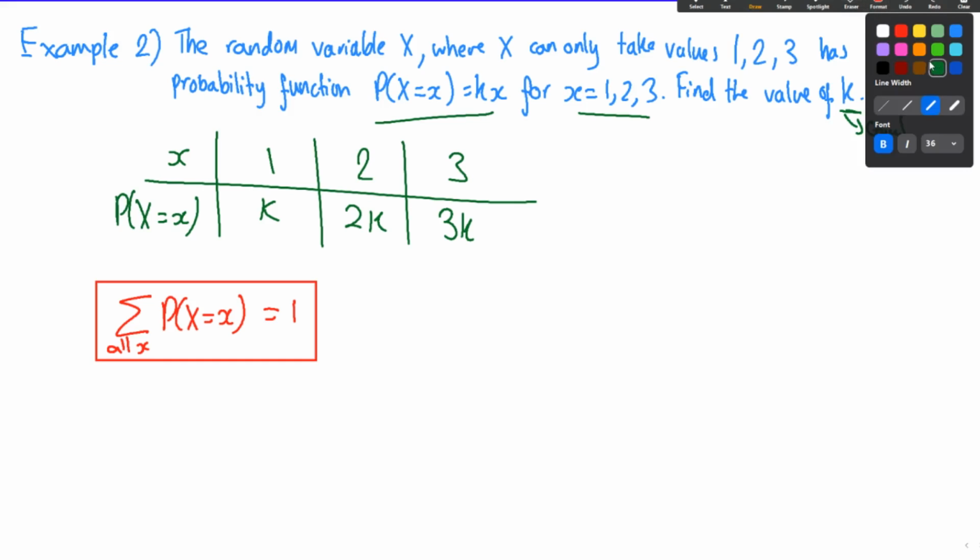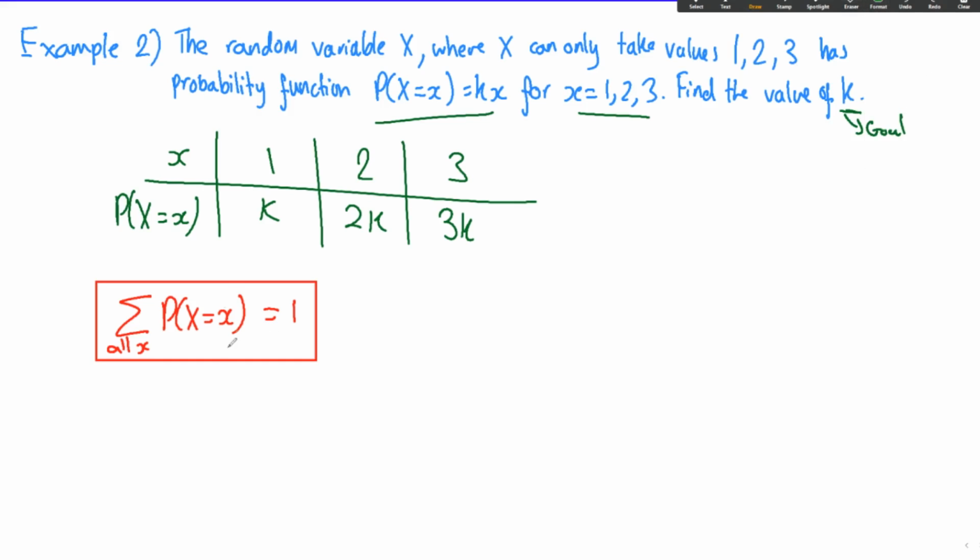So what can we do with that? Well, if we add all of these probabilities that we found, that's all of the values, because it can only take values 1, 2, and 3. So that means we can actually use this formula. Let's be even more abstract for now, and use this formula.